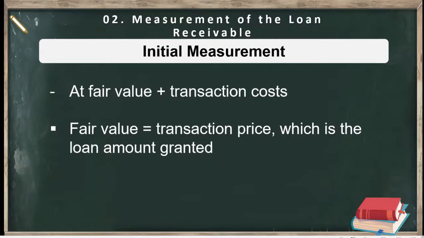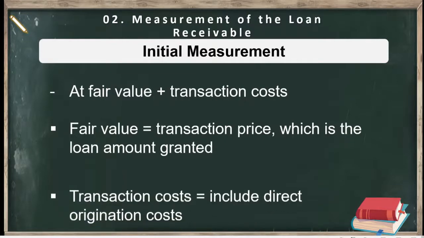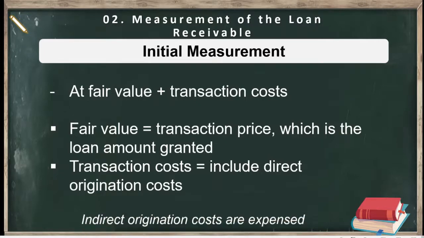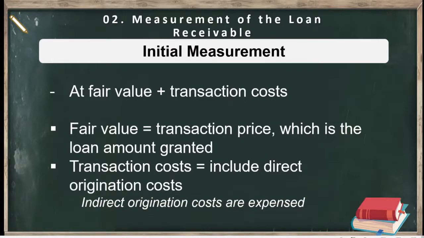That is equivalent to the transaction price, which is the loan amount granted. Meanwhile, the transaction costs will include the direct origination costs, and these are directly attributable to the loan receivable. Direct origination costs should be included in the initial measurement of the loan receivable, but indirect origination costs are expensed when incurred.